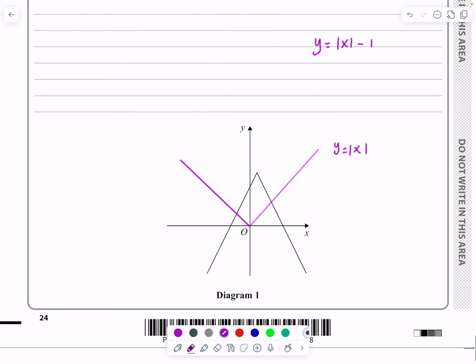So that's now y equals the modulus of x, and if we want to do y equals the modulus of x minus 1, then this whole graph here is going to have to go down by 1 unit there. So if it goes down by 1 unit, what happens here is that this will become minus 1.